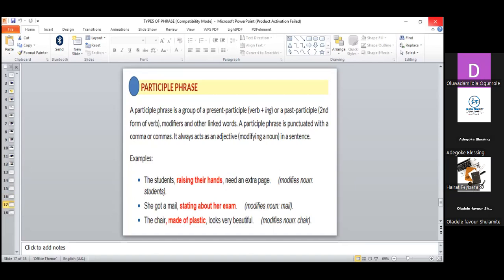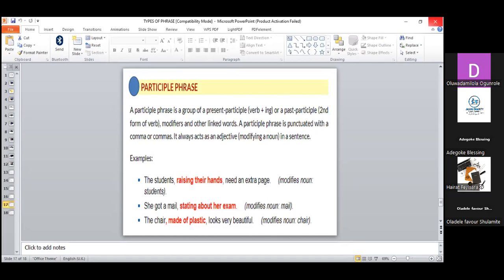So the first one, raising their hand, is modifying the noun students. The second one, she got a mail, stating about her exam. You see that between the mail and stating about her exam, you have a comma there, as instructed in the explanation.